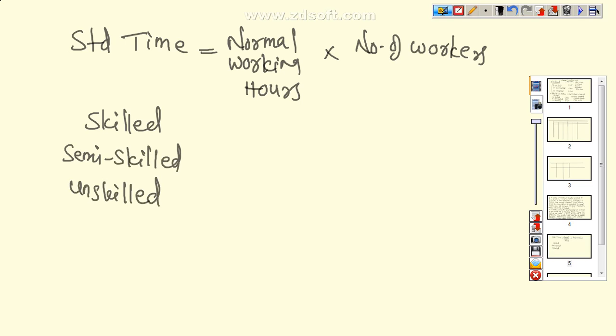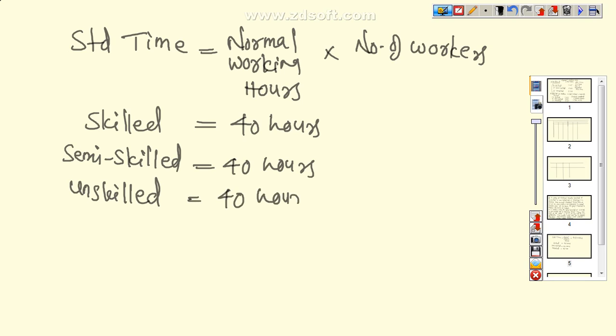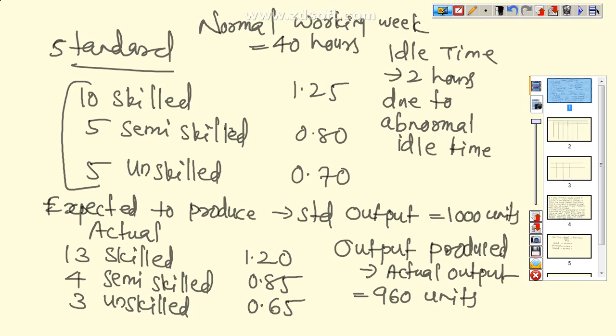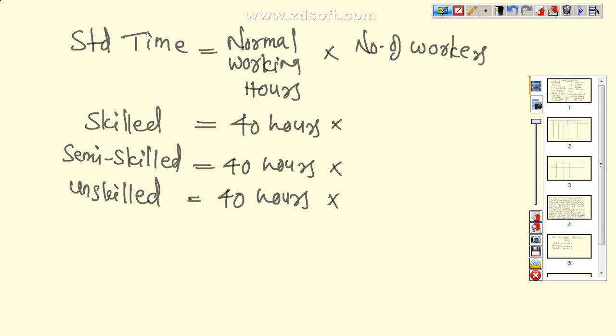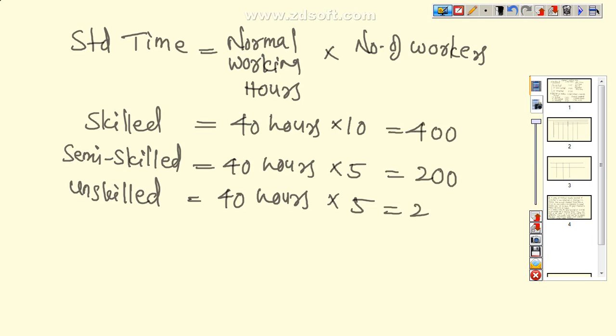So 40 hours multiplied by the number of workers 10, 5 and 5 is equal to 400, 200 and 200.